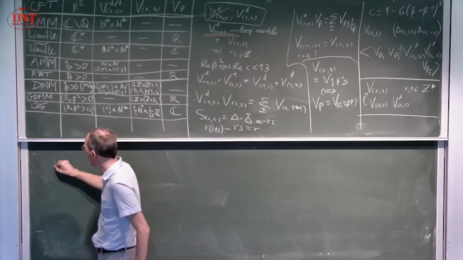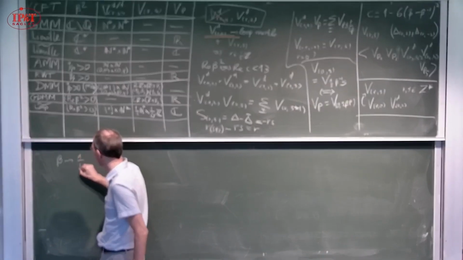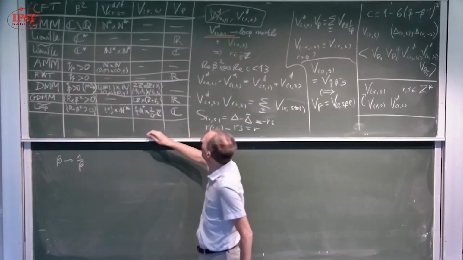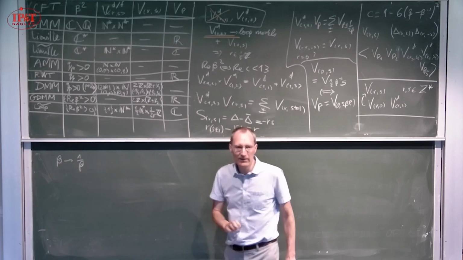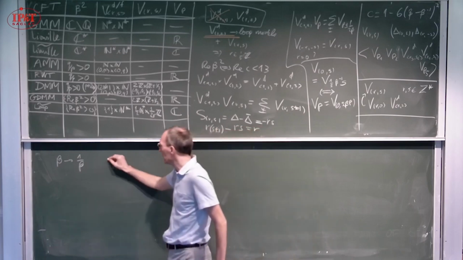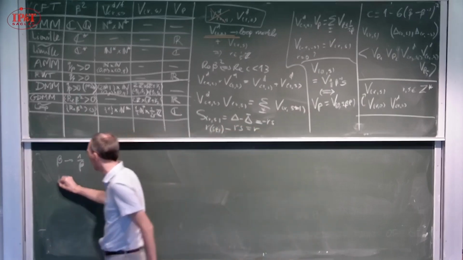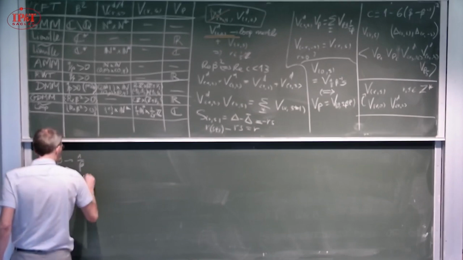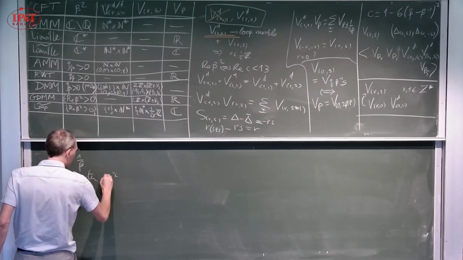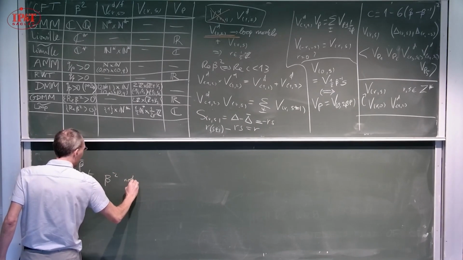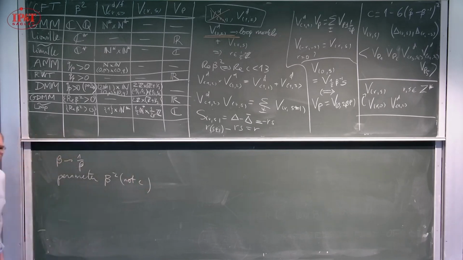We also know that the model is not invariant under beta goes to 1 over beta, because the indices R and S are not treated symmetrically. So the true parameter for the model is beta squared, not the central charge. So for each value of the central charge, we have two models, in fact, which are related by this beta goes to 1 over beta.